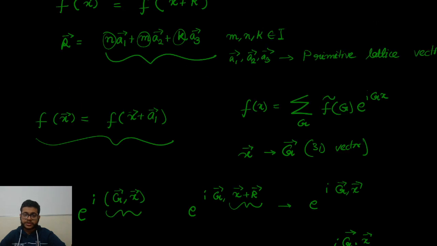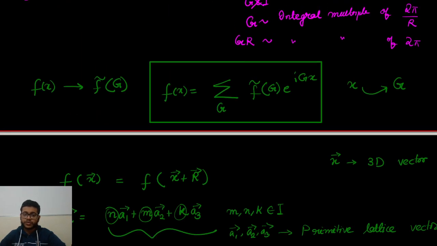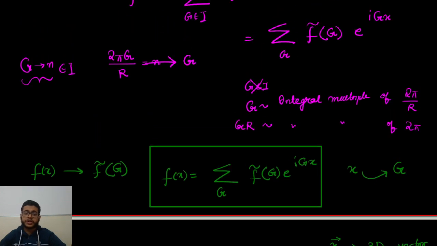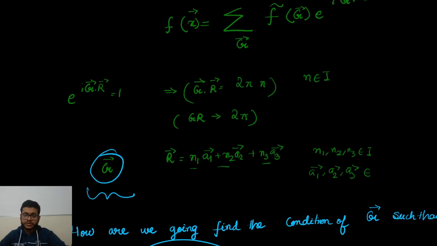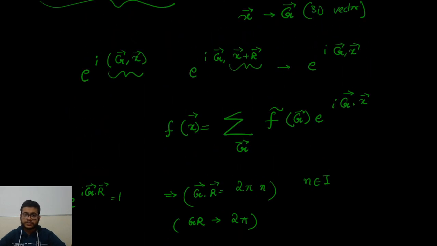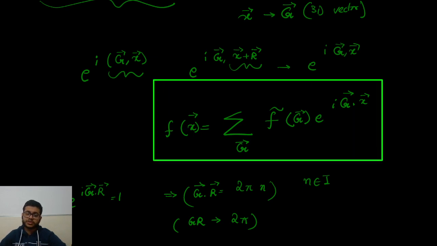From the Fourier transform, we saw that for 1D crystals, the condition on the reciprocal vectors is that G times R has to be an integral multiple of 2 pi. And we tried to extend this into 3D space. We got that the Fourier transform in 3D space of any function is given by f of x equal to the summation over G of f tilde of G e to the power i G dot x, where G and x are both vectors.